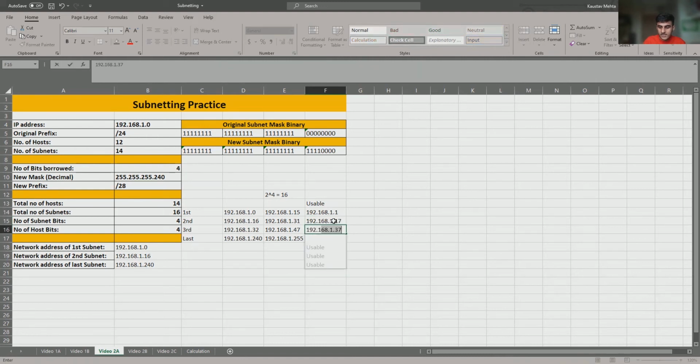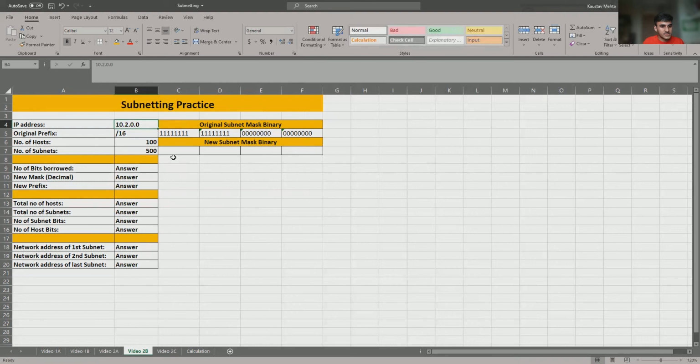This will be 192.168.1.33. And this will be 192.168.1.241. So these will be the usable hosts, and you can calculate further if needed. So these are the answers for the first one, the easy problem.